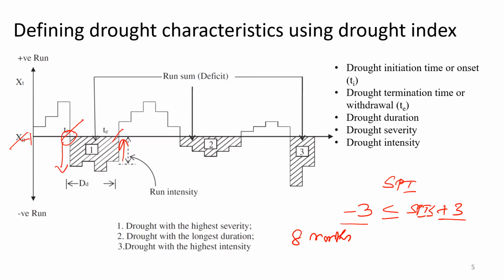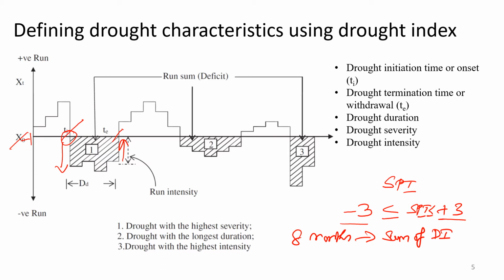Similarly October it became -2, like that. So for each month they will have one value, they will keep on adding it, and the sum of the drought index values below the threshold, they will add everything and say this drought is this much severe. This is one definition of severity.